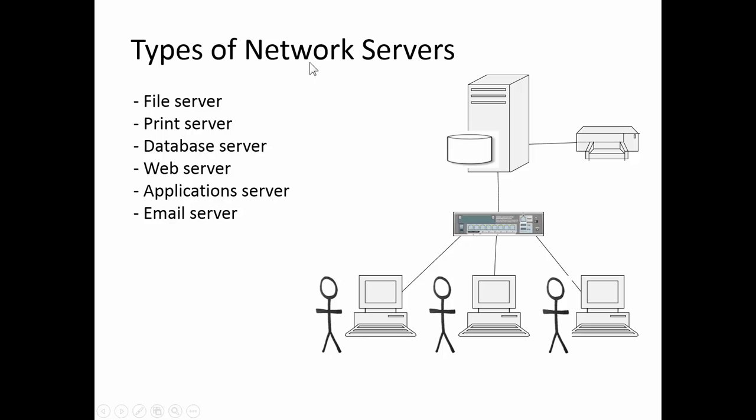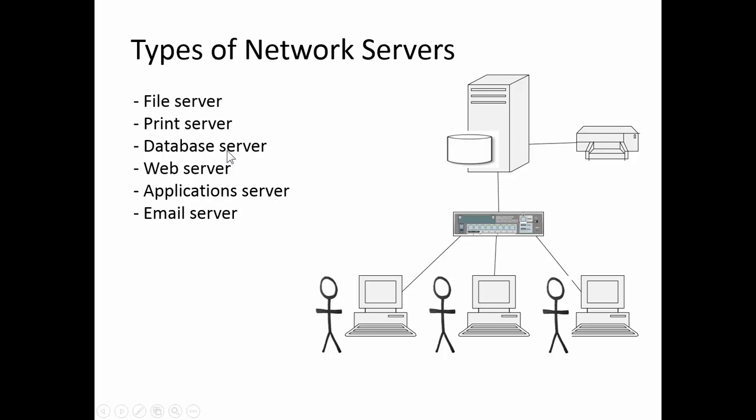In a server-based LAN, you will see that there are different types of servers. A file server is a separate computer that everybody can save data to. A print server is used when you don't want to buy a printer for each individual employee. You just get one good printer and everybody prints to the print server, and the print server pushes the job to that one good printer.